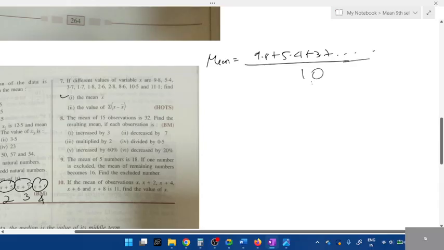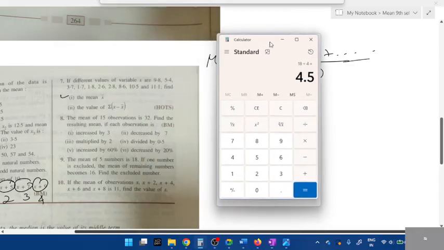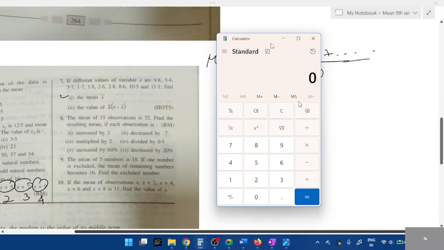Okay, write all the numbers, divide by 10. Jerusha done? Okay, completed. What's the value you got, students, after adding? Okay, let me add. 58, right?